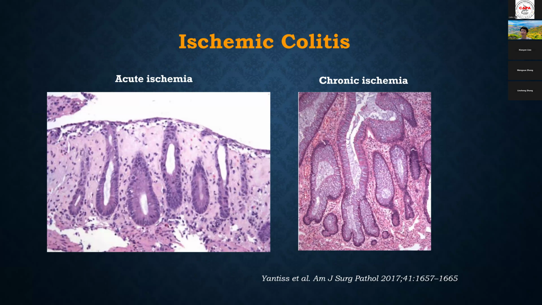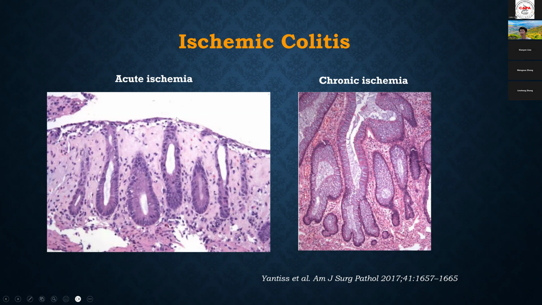And the other one is ischemic colitis. Usually, we're quite familiar with the acute ischemic pattern, and we won't think this looks like IBD. But clinically, we have a couple of cases where the clinician insisted this acute colitis is IBD, but we found it's ischemia.